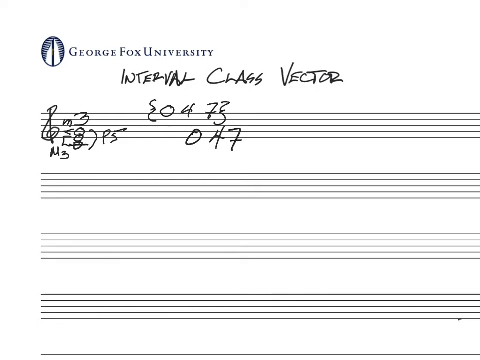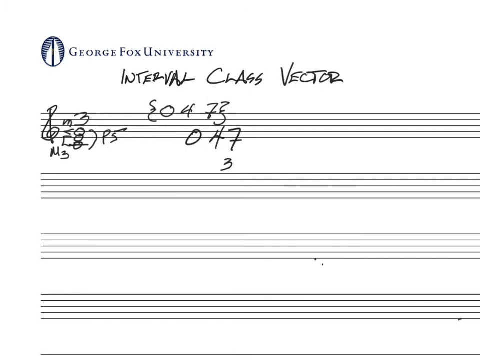If we subtract 0 from 4 and 7, we get 4 and 7. So we include 7 minus 4, that's 3. And so we have one of interval class 3, which is this one right here.